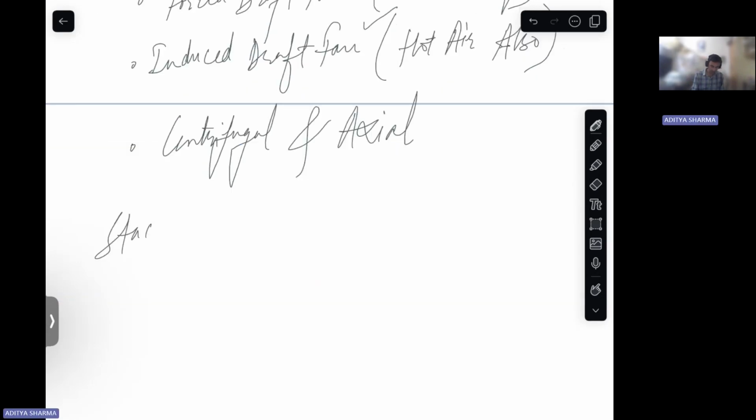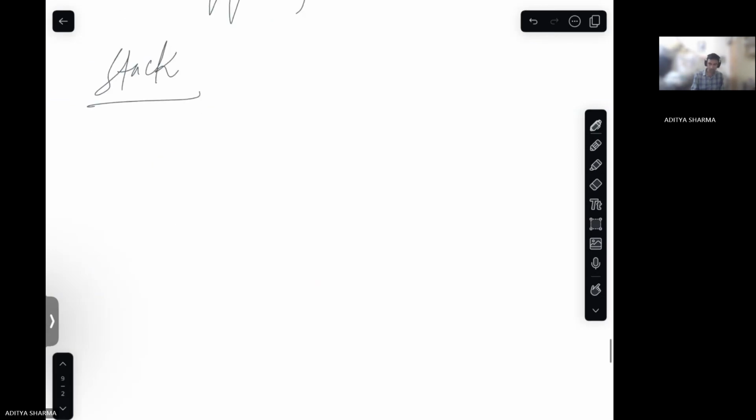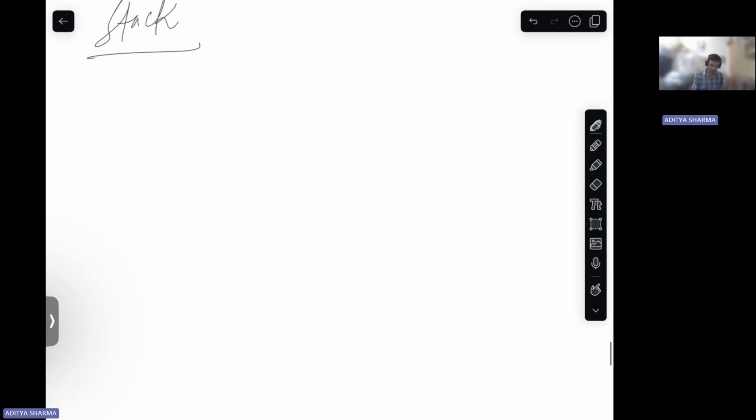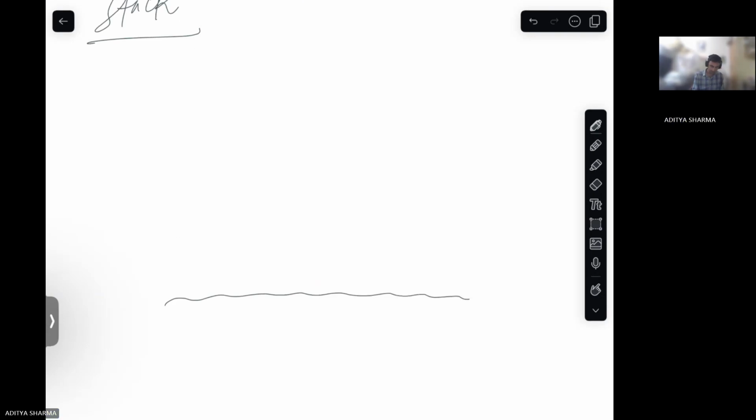Then is your stack. So stack is your chimney type of structure, right? Like this. So from here, your flue gases are exiting.